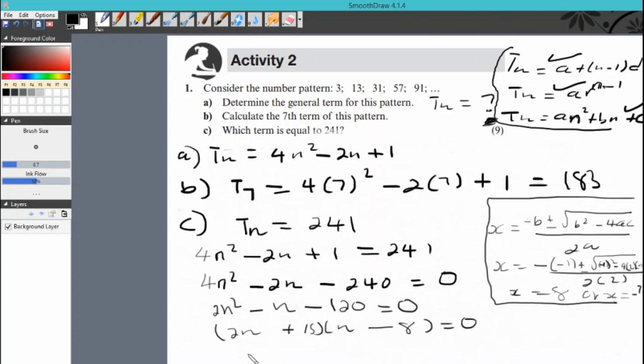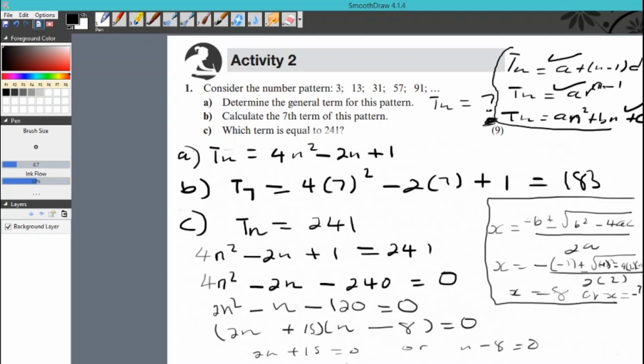So 2n plus 15 is equal to 0, or n minus 8 is equal to 0. So 2n is equal to minus 15, so n is minus 7.5, or n is equal to 8.